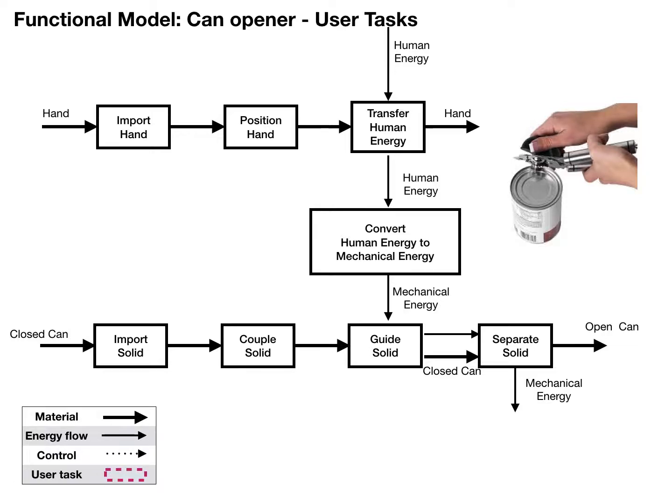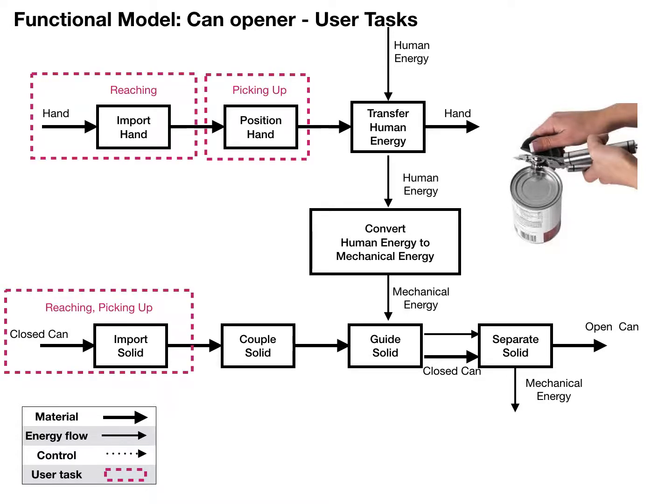Now, with the functional model perspective complete, we can try to map where the different user tasks are going to be completed. So let's start, just like we did before. We need to first start using our hand to reach to the device, in this case the can opener, position ourselves, and pick it up.